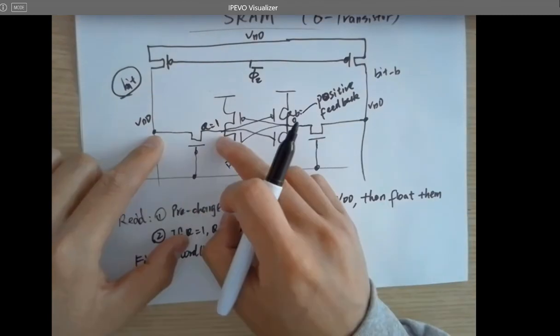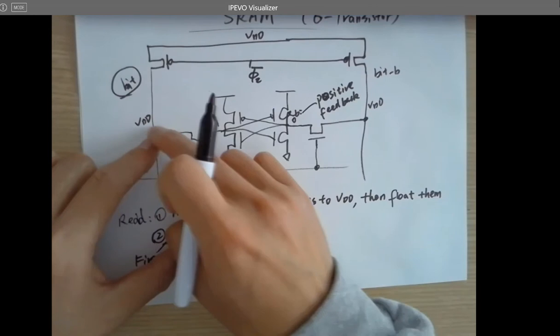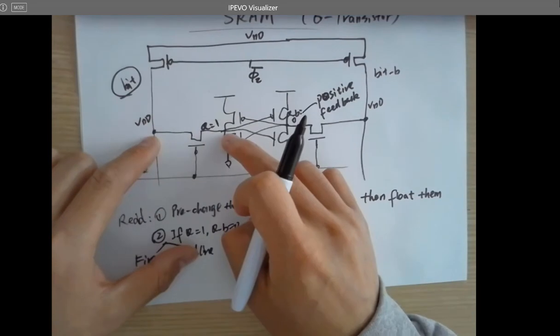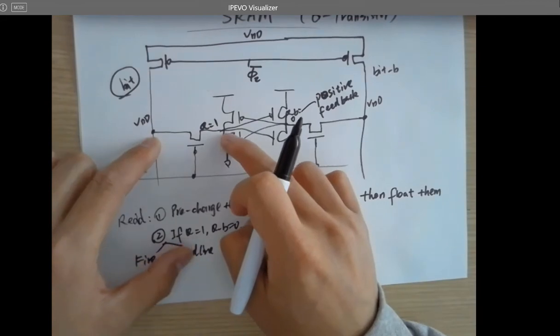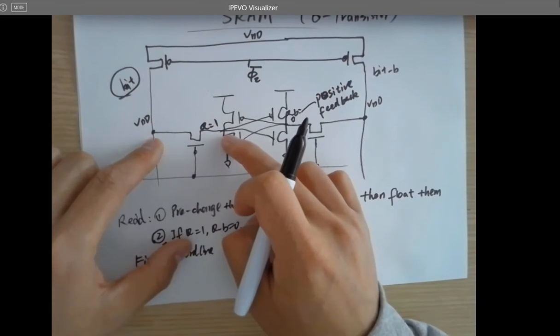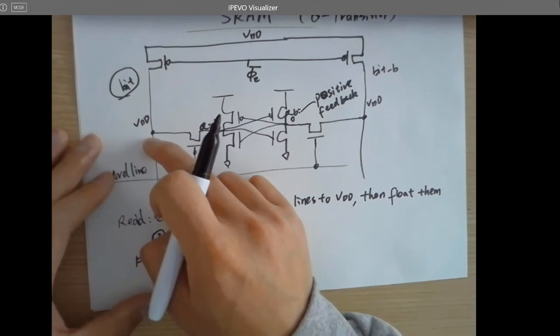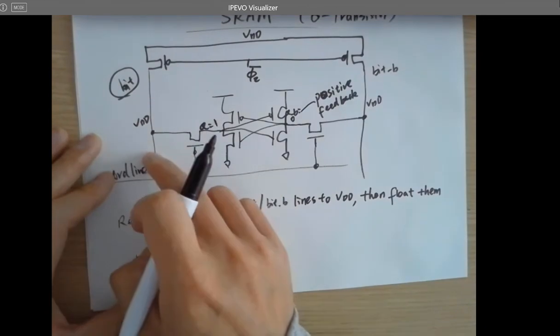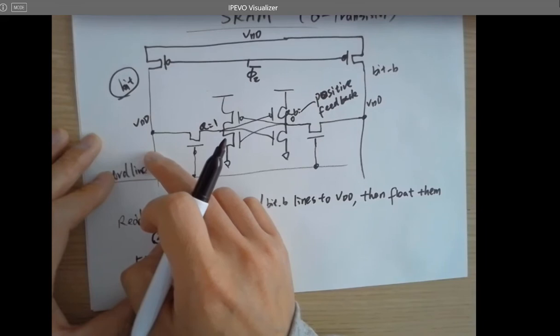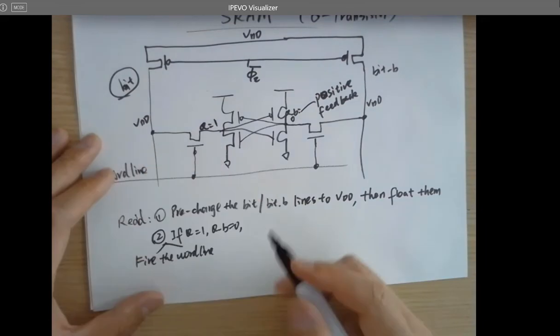These two have exactly the same potential, VDD and VDD, so no voltage drop. It stays at 1, so you can read. I know they were previously stored at VDD, but now when you are reading this line, it is still VDD, it's not changing. So you can read 1 here.